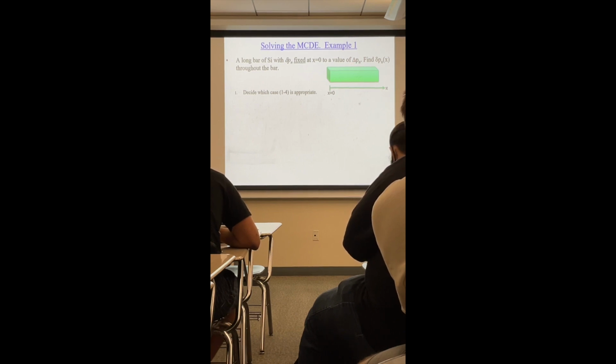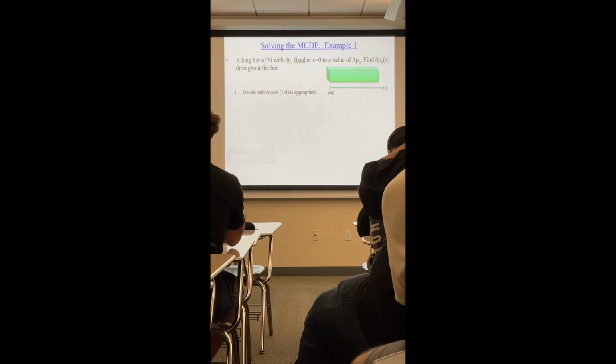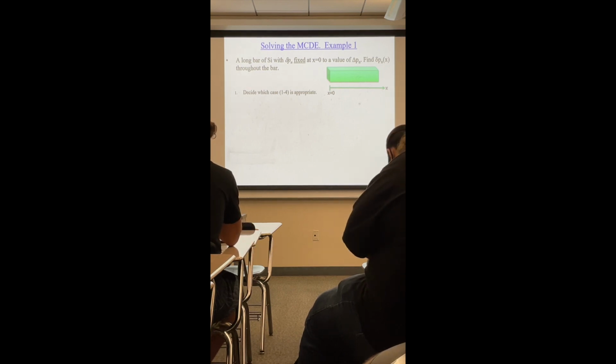Try to find delta p sub n as a function of x. How does this change inside the silicon? To solve these examples, the first step is always to decide which case is appropriate.